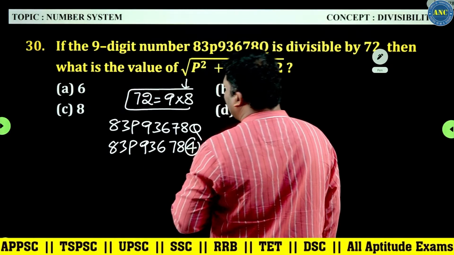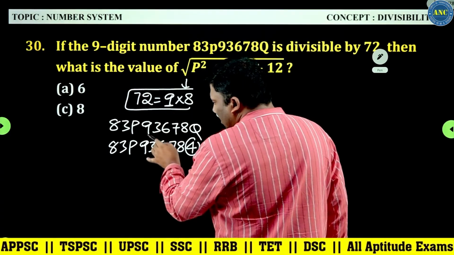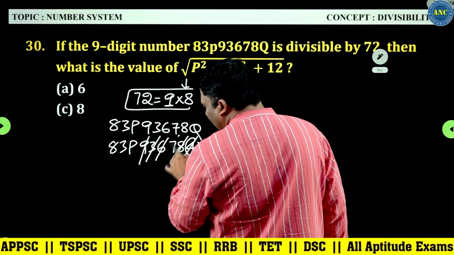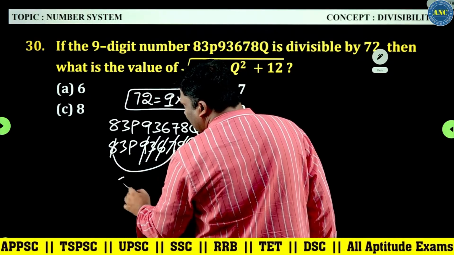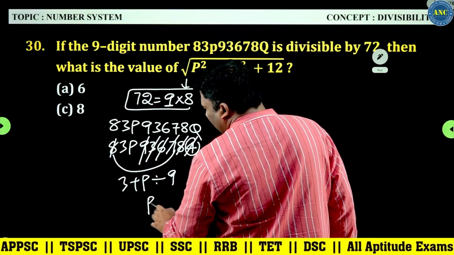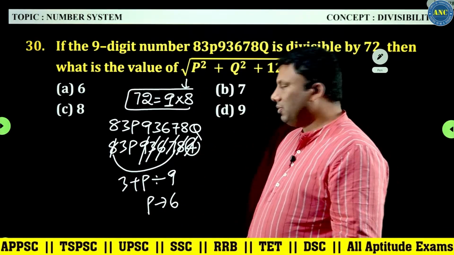936784 is divisible by 9, so 9 is out, these are also out. 4 plus 8, 12. 12 plus 7, 19. 19 plus 8, 27. 3 plus p should be divisible by 9. The sum of the digits should be divisible by 9.